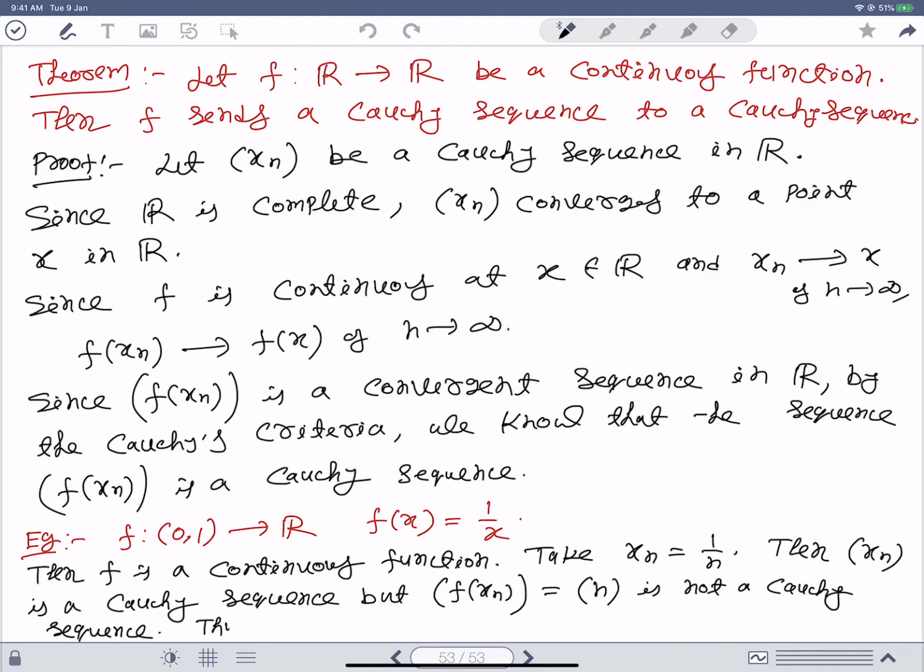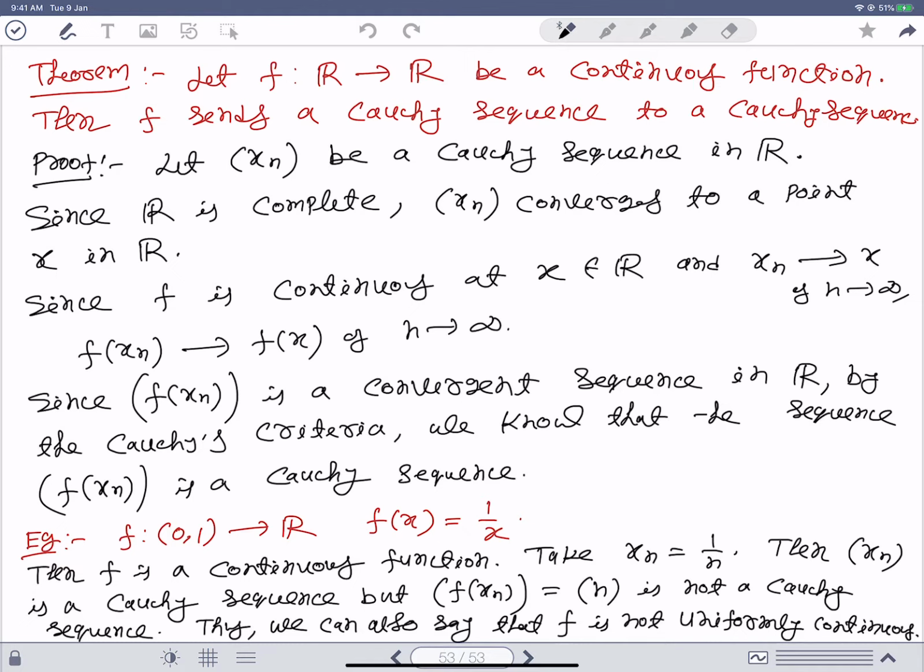So here we can write, thus we can say that f is not uniformly continuous.